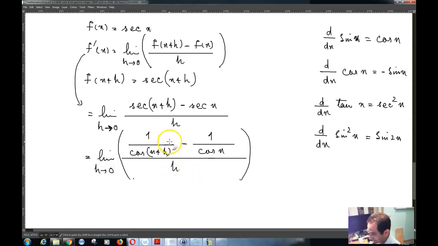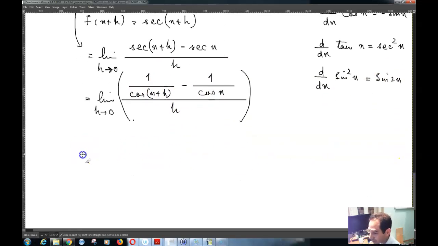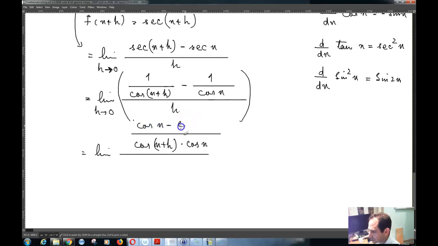And now if I take the LCM over here as cos of x plus h times cos x, then the numerator becomes cos x minus cos of x plus h, and the whole thing is divided by h as h tends to 0.